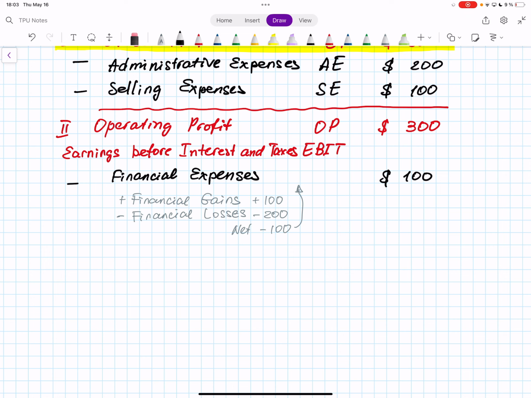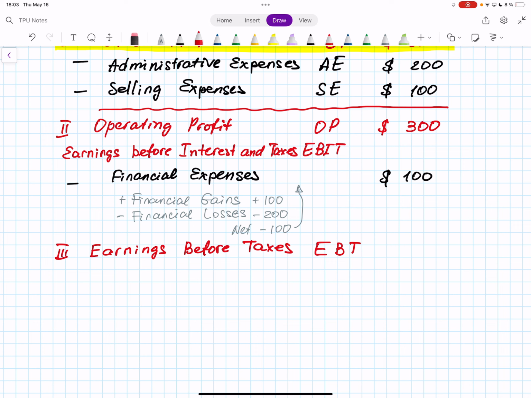So when I take out the financial expenses, I get the third type of profit. And it's called earnings before taxes, or EBT.